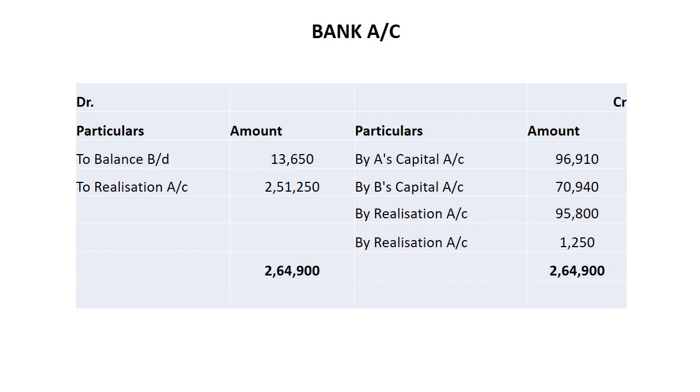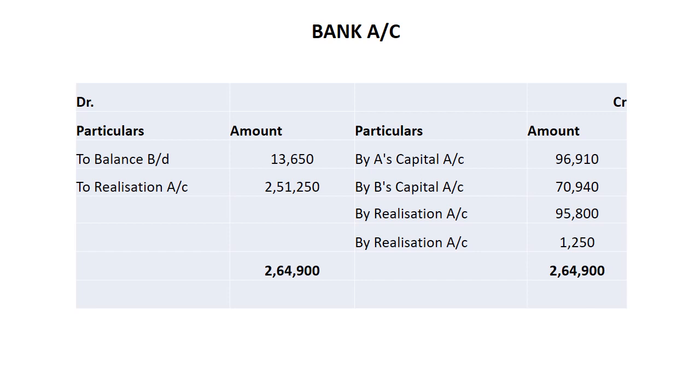This amount the firm received by realizing assets. By A's capital account, it is the payment done to A, 96,910. By B's capital account, 70,940. This is the amount that has been paid to B.